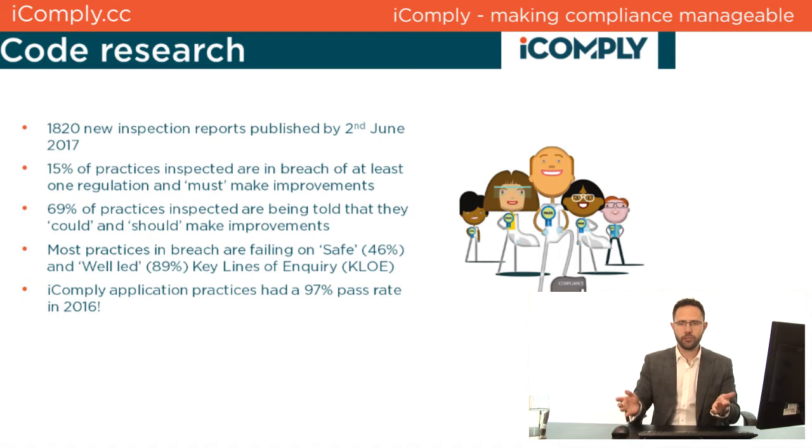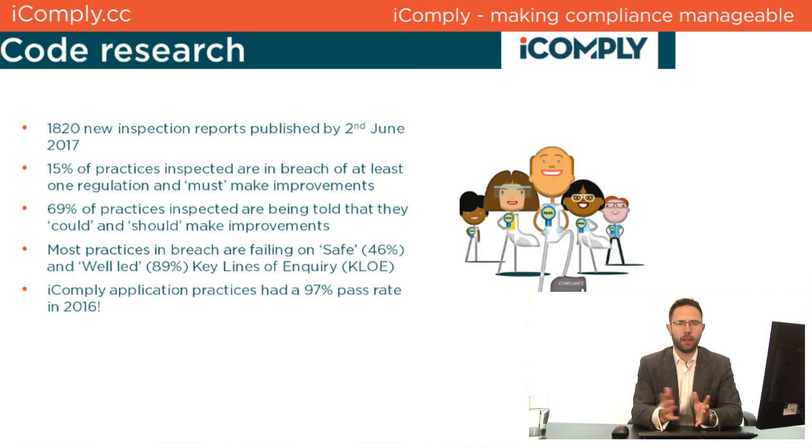So Code research. As always, we're doing ongoing research and we're looking at the inspection reports that are being published. Those of you who have been following this entire webinar series, I think this is webinar 19 or 20 now, so we've done quite a lot over the last 2-3 years, have probably seen the progression of this. We've now looked at over 1,800 inspection reports that were published up until the 2nd of June.